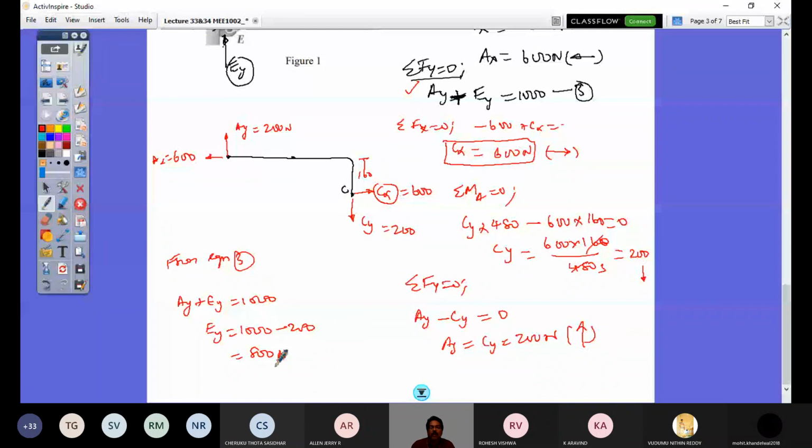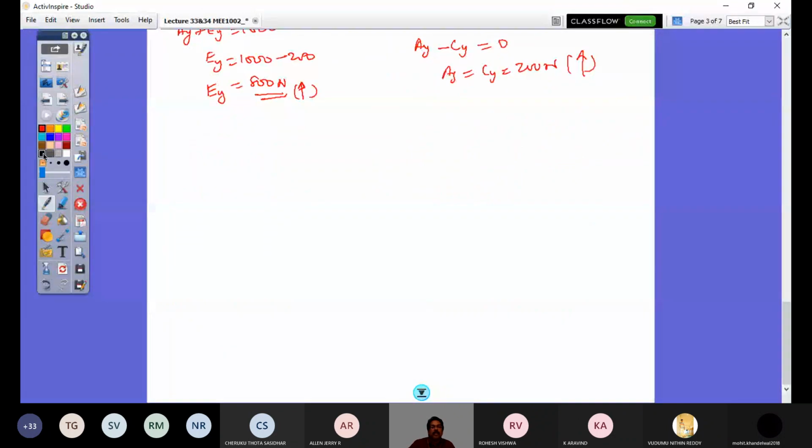So in the second case, my answer is: Ax is 600 Newton to the left, Ay's value is 200 Newton upward, and Ex happens to be 600 Newton to the right, and Ey is 800 Newton.